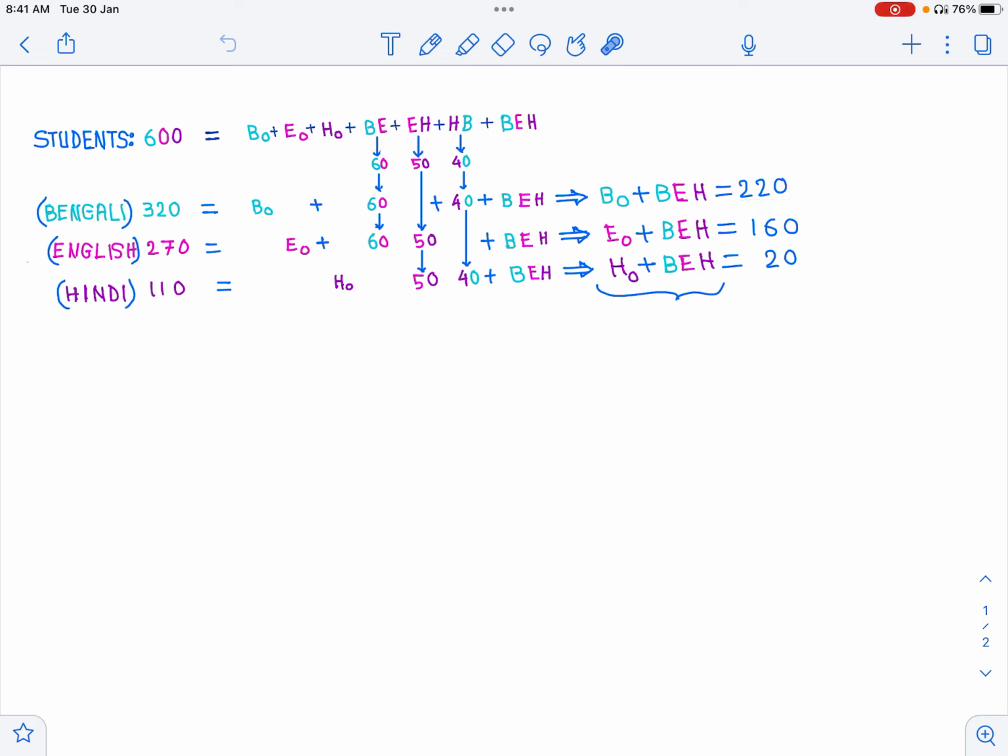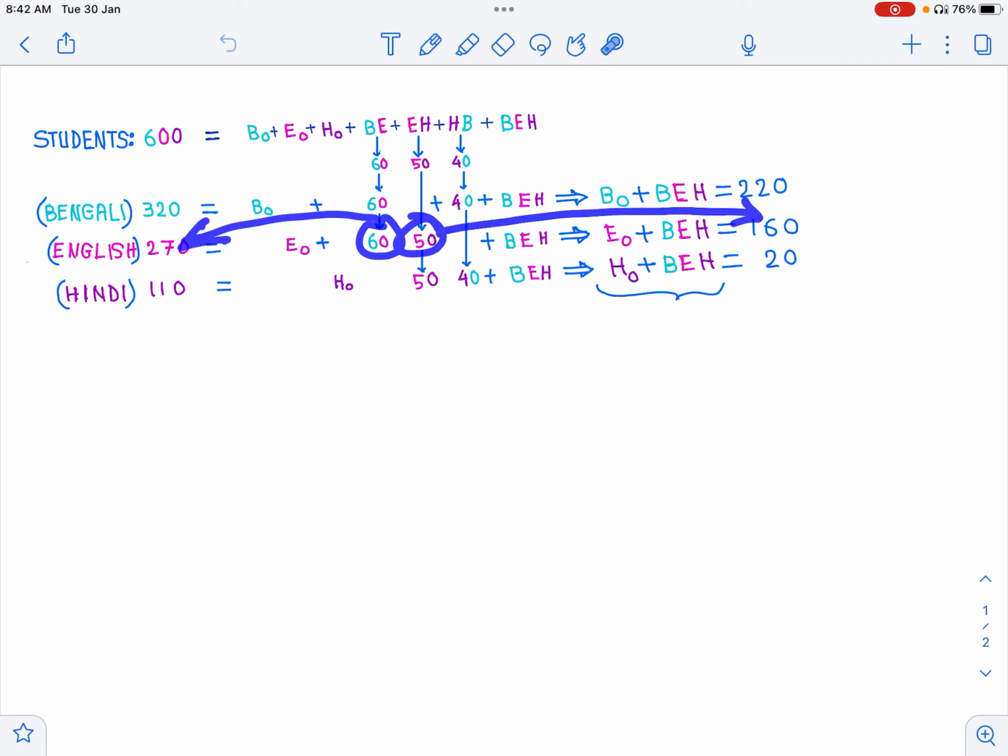Likewise, from 270, we subtract Bengali and English and English and Hindi. If we subtract the number of those students who learn only two subjects including English, then we subtract 60 and 50, so 110 from 270.